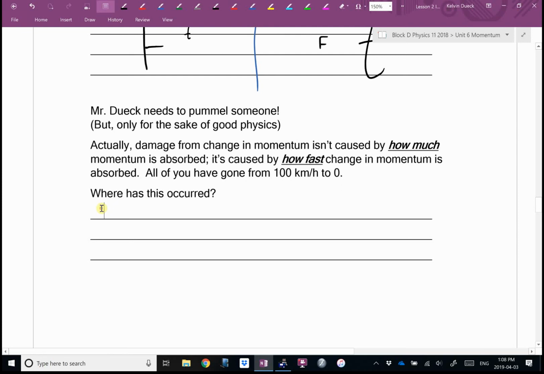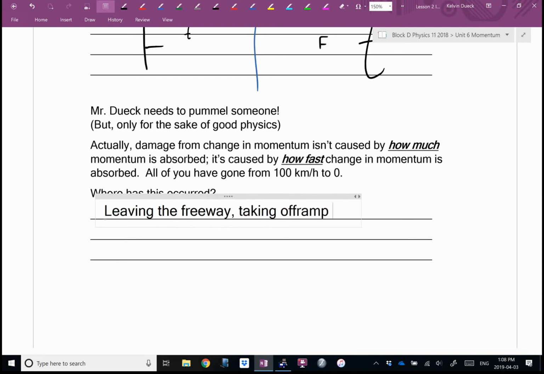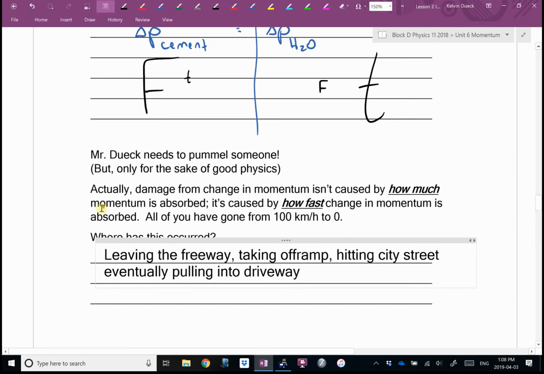When? Leaving the freeway, taking the off ramp, hitting city street, eventually pulling into the driveway. Of course, that takes 5 or 10 minutes. That's such a big time.